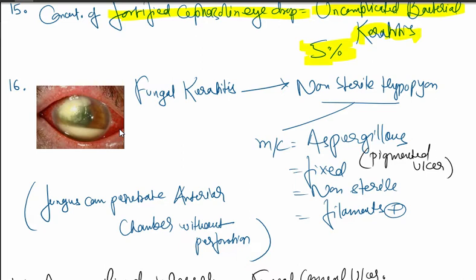Next one, what is this? Hypopyon is seen here. Okay, and this is fungal keratitis. This is non-sterile hypopyon. So the most common fungus causing fungal keratitis is Aspergillus. It's causing a pigmented ulcer, fixed, non-sterile, and filamentous is seen here.